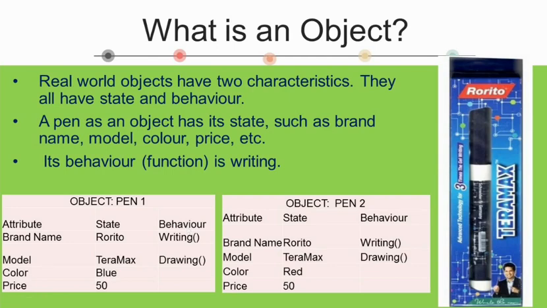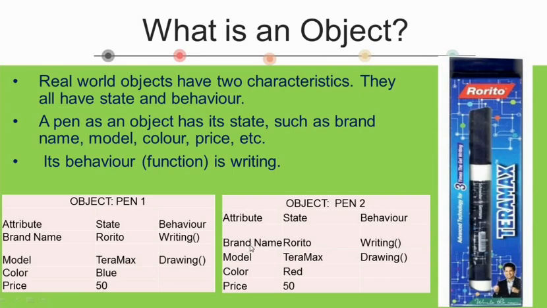Now see, this is object pen 1. In the same manner, can you say that this is the only pen in the world? No, there are many pens like these in this world. If I talk about a second pen object, it will also have attributes, it will also have a state, it will also have behavior. Suppose there is one more pen like this.